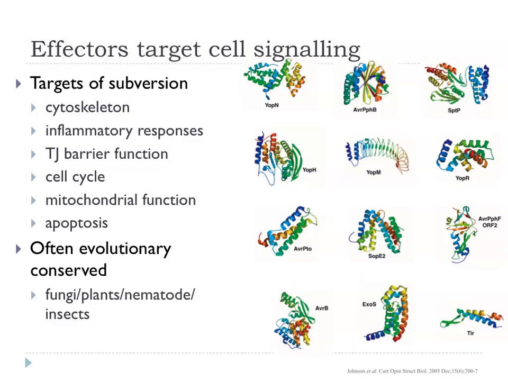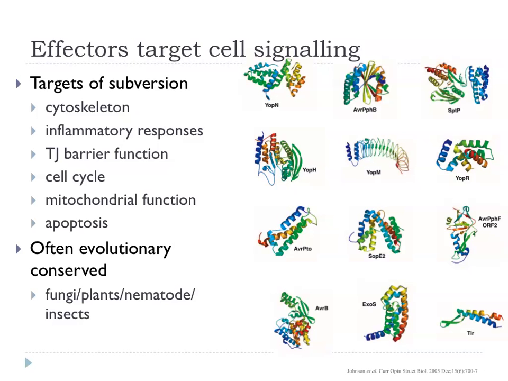So the effectors, when they get through, what do they do? Well, there are probably at least half a dozen lectures that could be given on how these type 3 secretion effectors have their effects on cells. But as time is short, I'm just showing you, here's lots of interesting structural biology gone on solving the structure of these effectors. And in general terms, we can identify a variety of targets of subversion for these effectors.